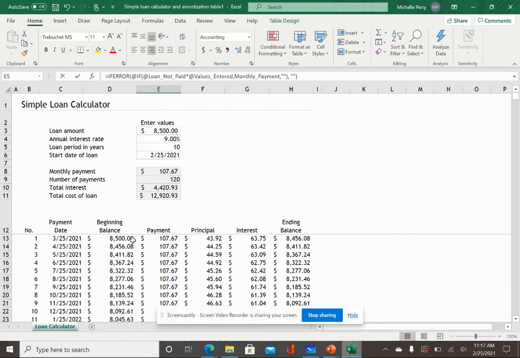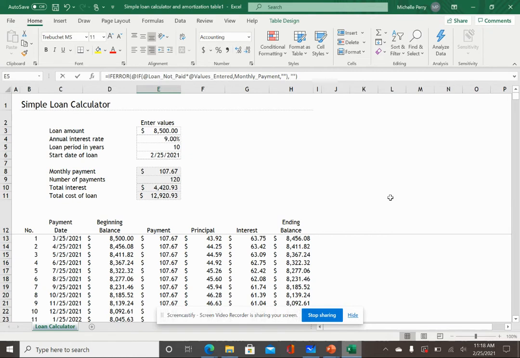When we think of that beginning balance, which should be the principal amount, and when we make that payment of $107.67, $43.92 will go to the principal. $63.75 will go towards the interest amount. So I'm just going to jot that down before I toggle back over to my Excel spreadsheet.